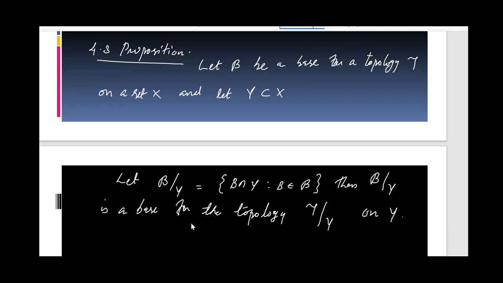So what does this proposition say? It says that once you know the base of a topological space, you can easily find the base of a subspace.